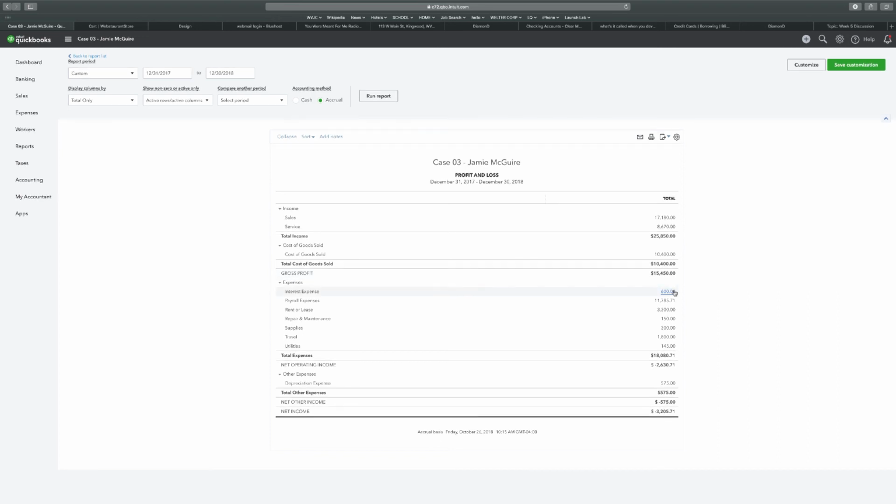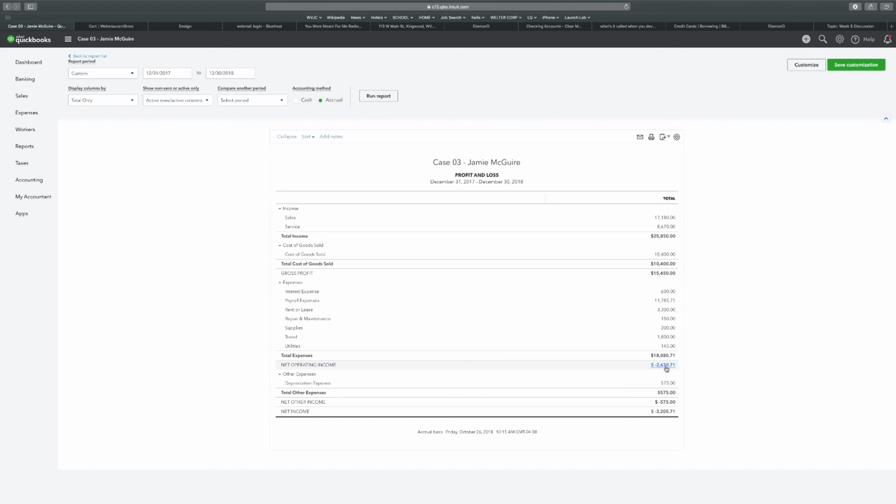Now out of this, I had expenses. The expenses that I had were things like interest expense, payroll expense, rent or lease, travel, repairs and maintenance, supplies, and utilities. So my total expenses is $18,000. By looking at these two numbers, my expenses outweigh my revenue, so I'm going to have an operating loss of $2,600.